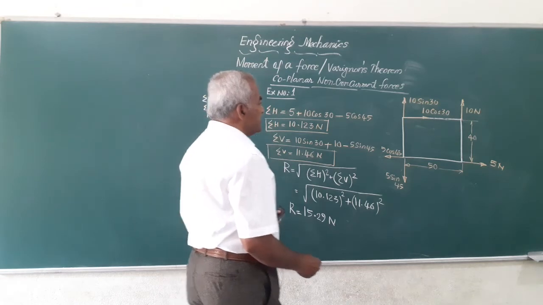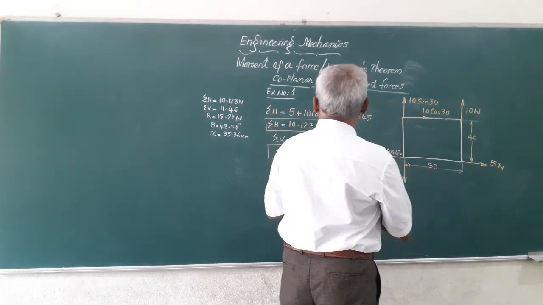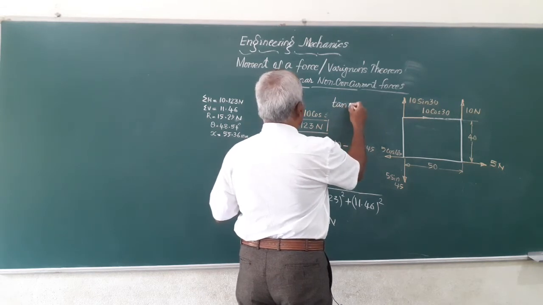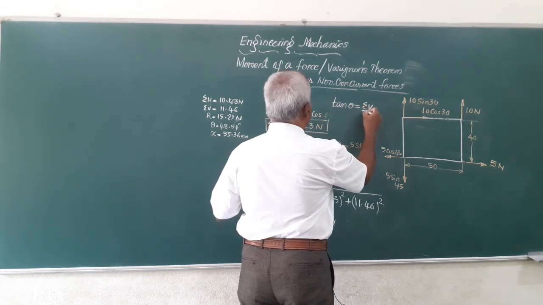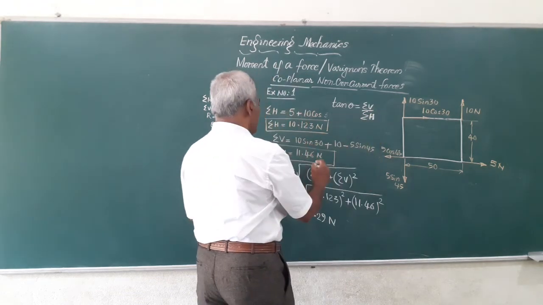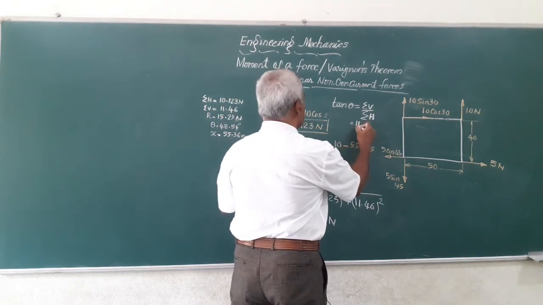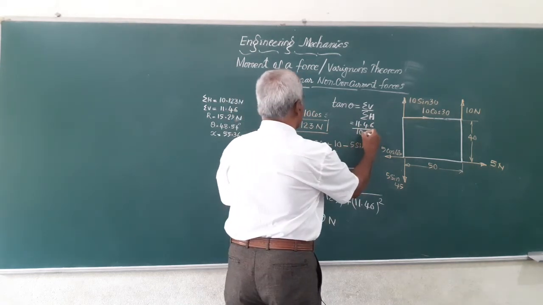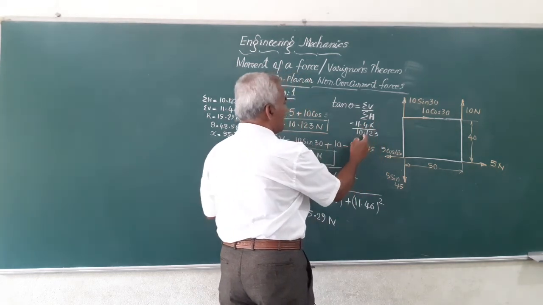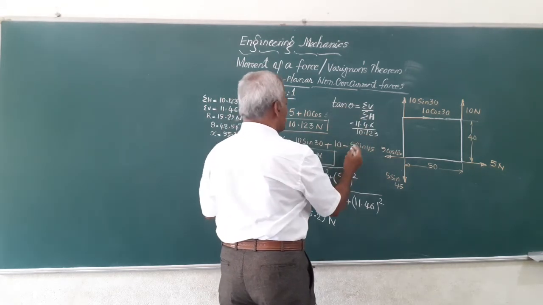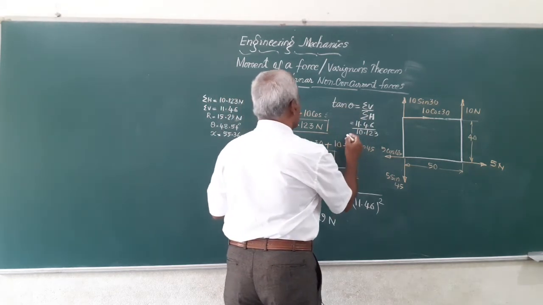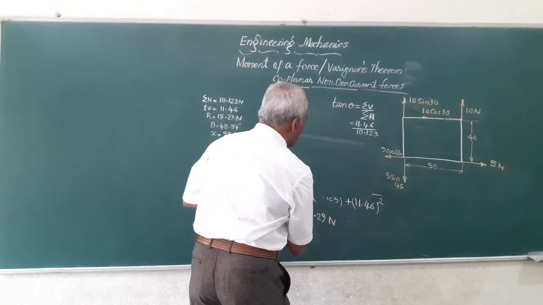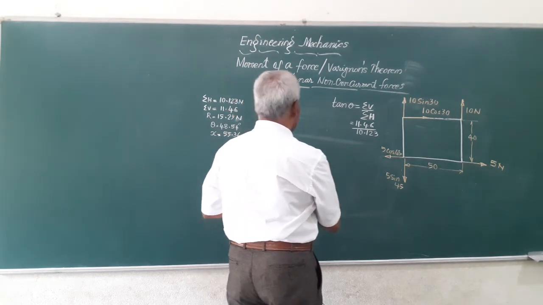And friends, you know the formula, tan theta is equal to sigma V by sigma H. We know sigma V is 11.46, and you also know sigma H is 10.123. Calculate the value, take tan inverse of this, and you get the answer for theta, the inclination of the resultant, as 48.54.